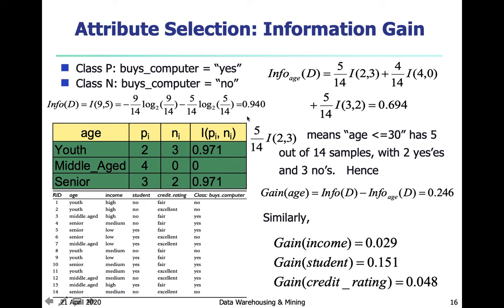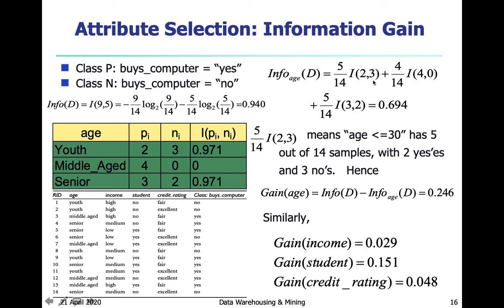This is the entropy of the entire class, 0.940. And this is the information for the age attribute. So what is the gain? This is 0.246. Fine.